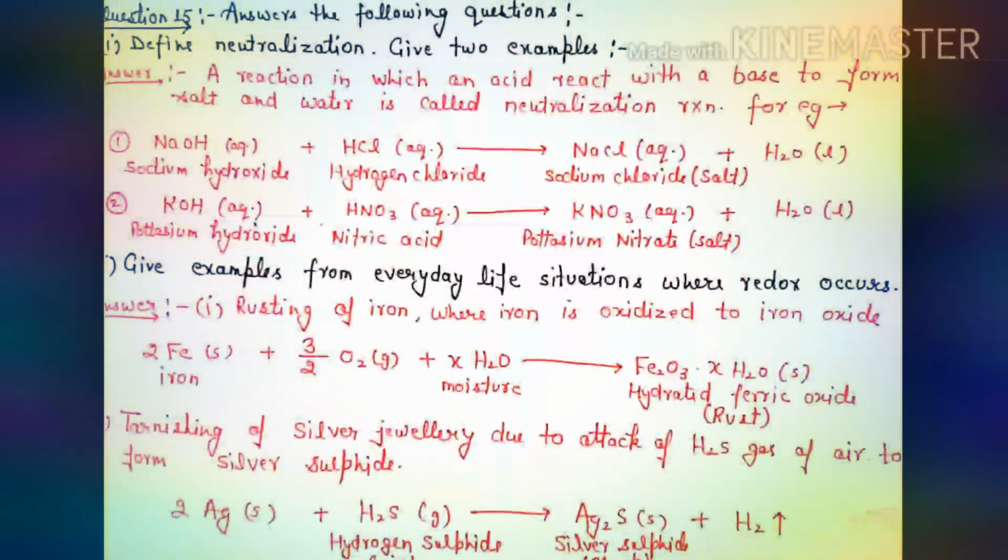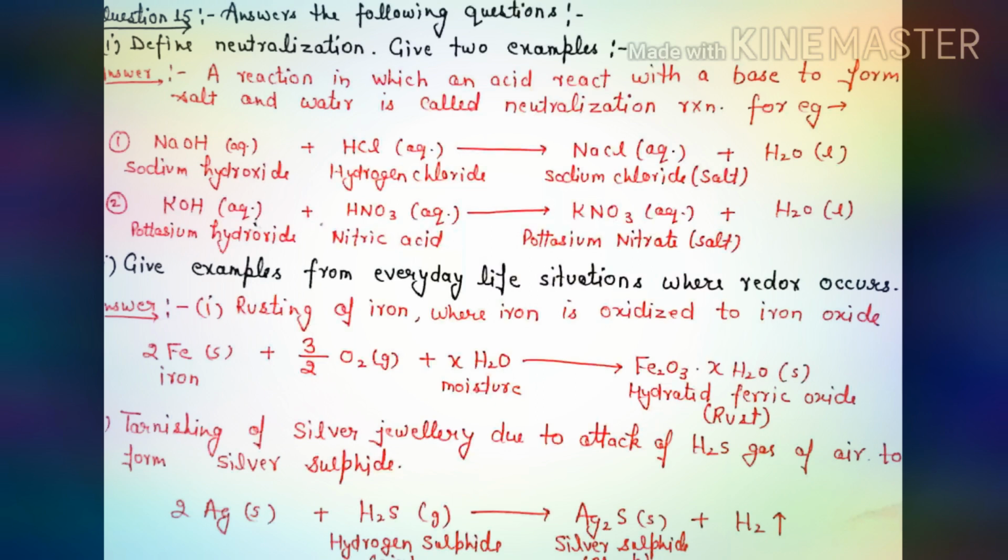And the last question, number 15: answer the following questions. Number 1: define neutralization. Give 2 examples. This is the common reaction. Answer: a reaction in which an acid reacts with a base to form salt and water is called a neutralization reaction. For example, examples 1 and 2 are examples of neutralization reaction.